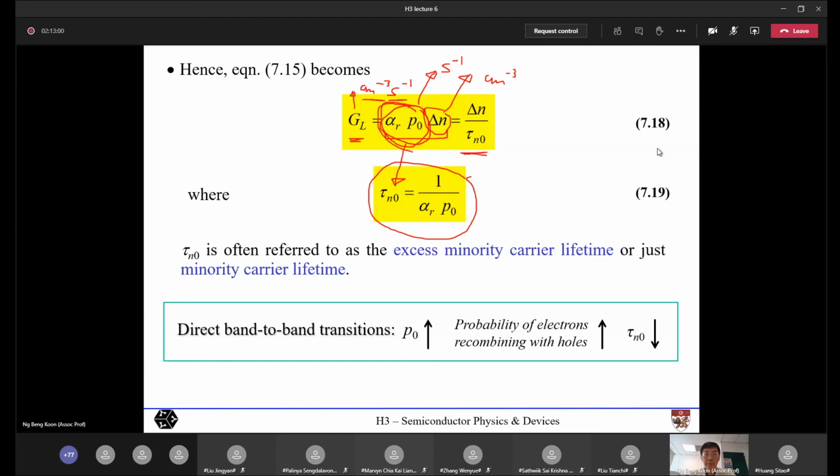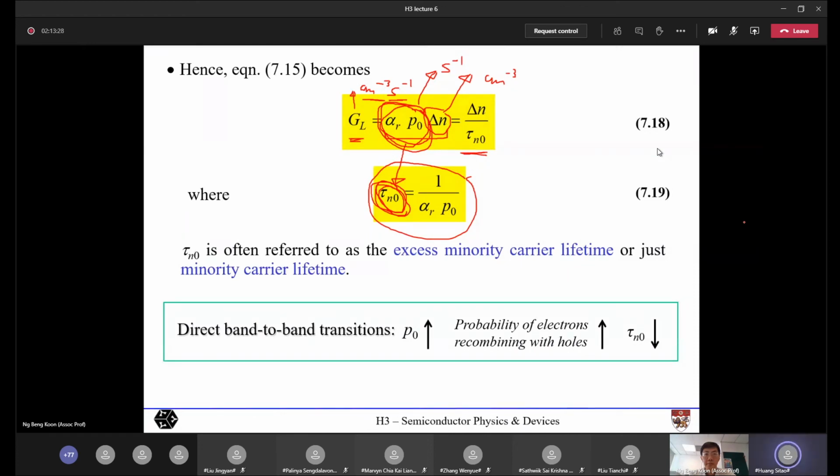So it is a reciprocal of time. This reciprocal of α_R P_0 is a time quantity, defined as the excess minority carrier lifetime. That means how long they exist before they recombine in the semiconductor.